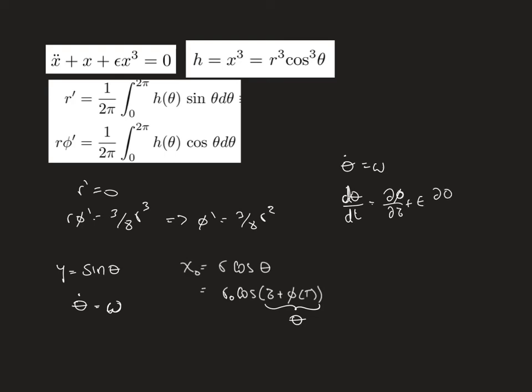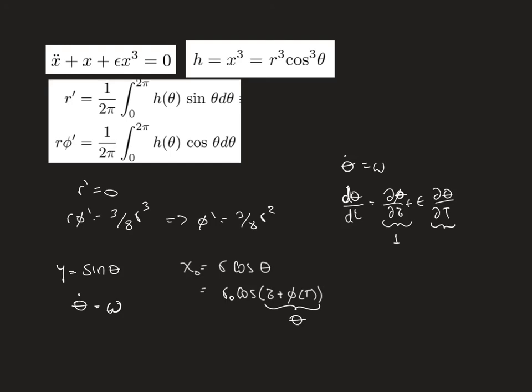Sorry, this is d theta dt. So the first one is simple because we have this. With respect to tau, this is 1, and this one is also simply obtained.